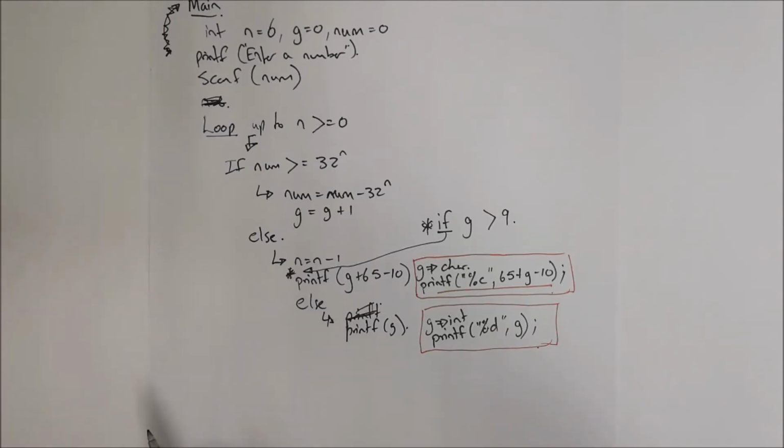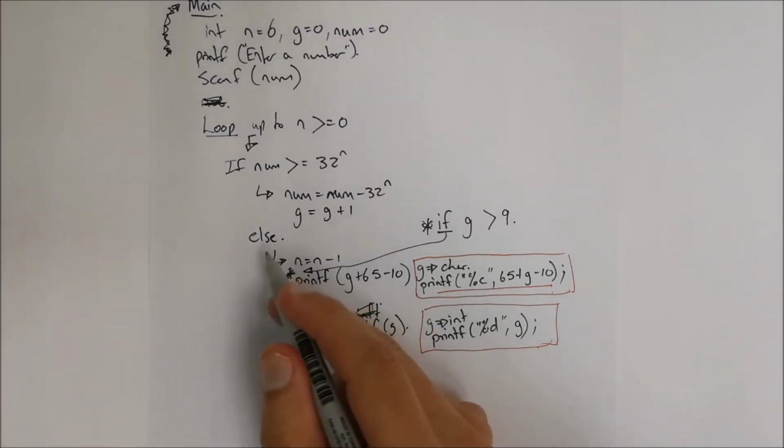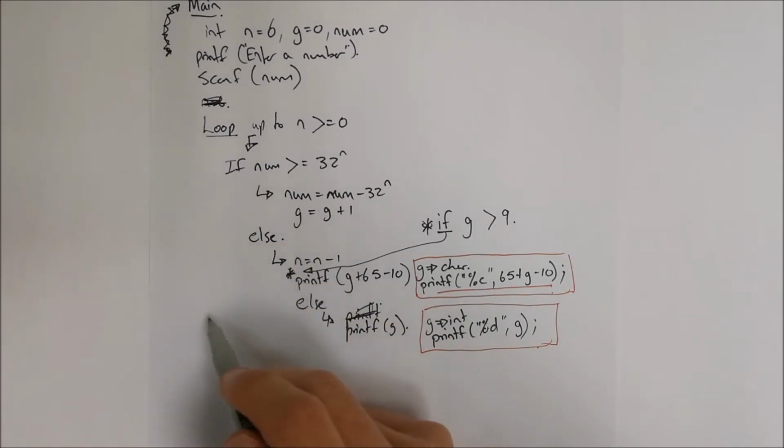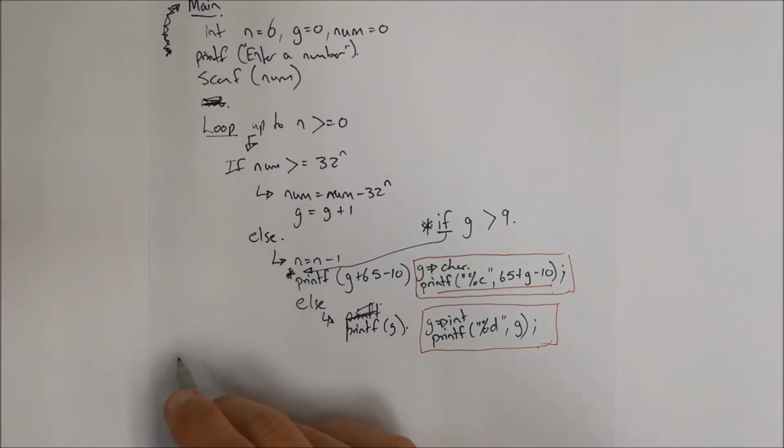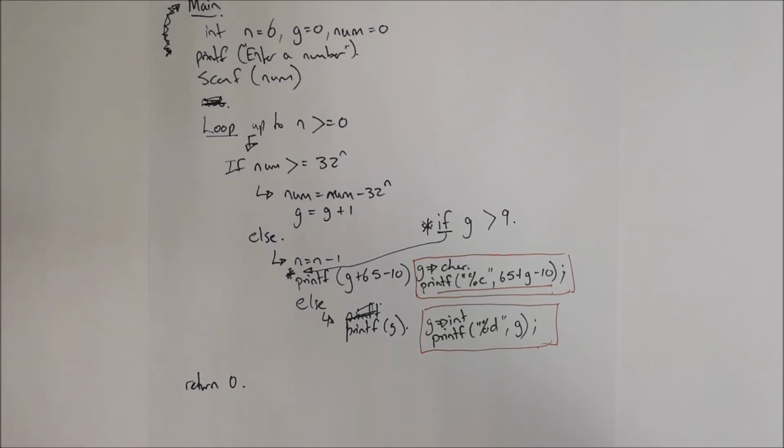Okay, so after we've done that, we will essentially end this else statement. We'll end this if statement, end this loop. And then we might want to have some return 0. This is our basic program we've got to look at.